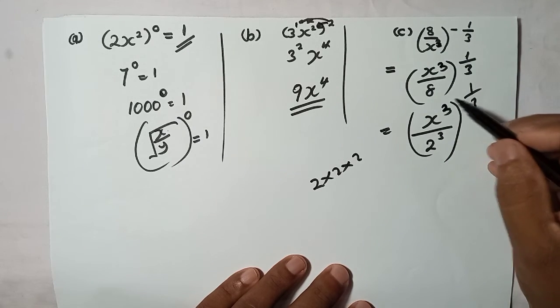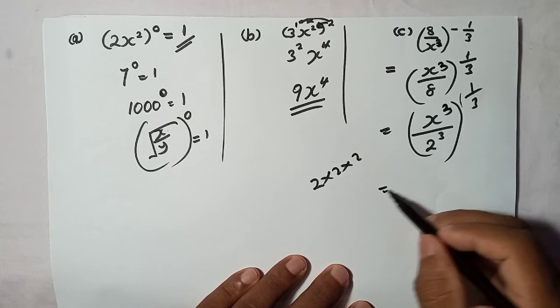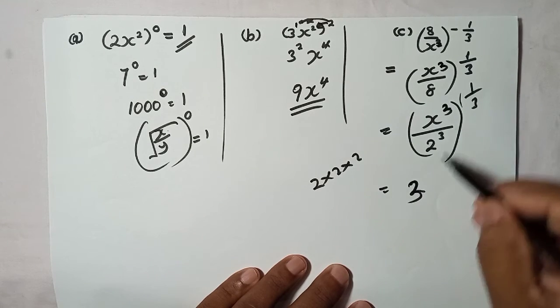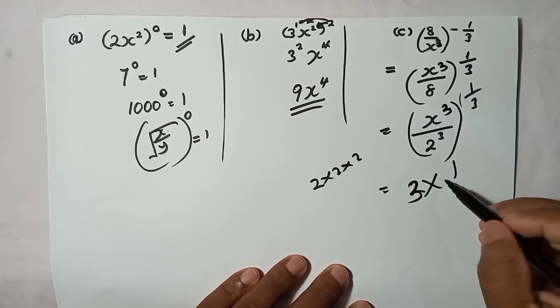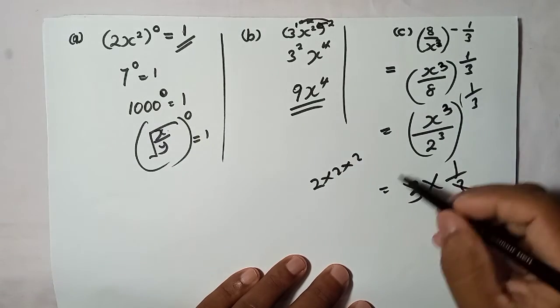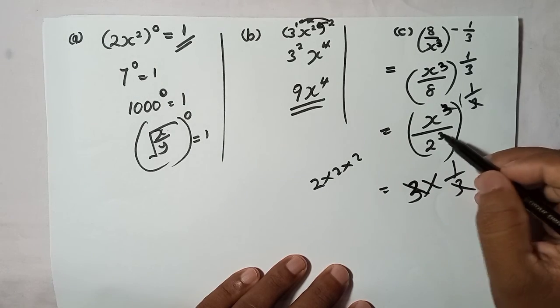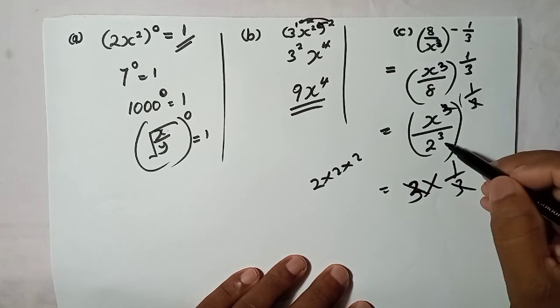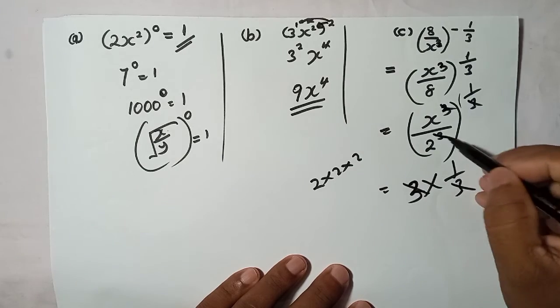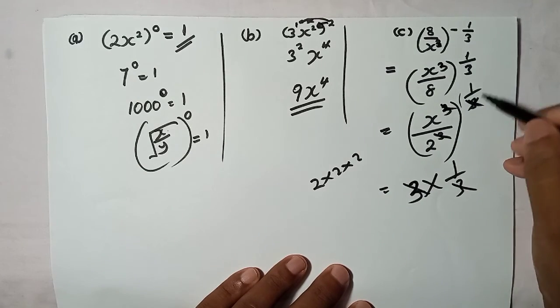Now like I told you earlier, by this index I need to multiply this. I will do it separately to show you. This 3 multiplied with 1 over 3: 3 and 3 cancel. You don't need to show it like this, you can just cut here. Again you need to multiply this one with this, so this 3 and this 3 cancel again.